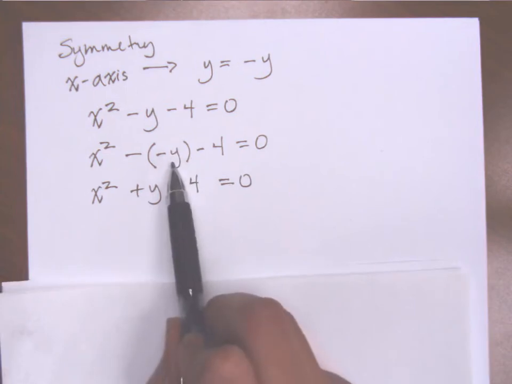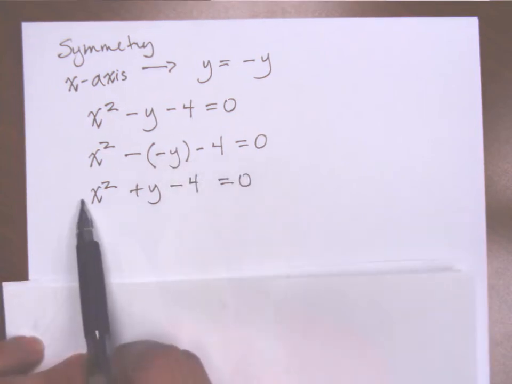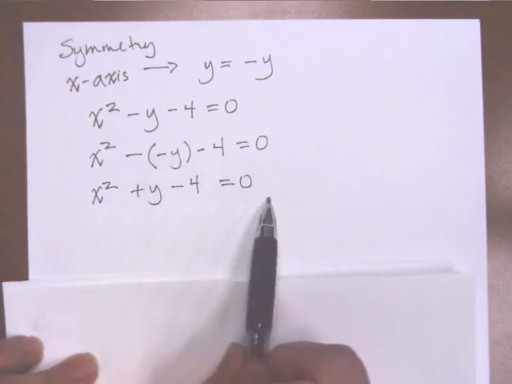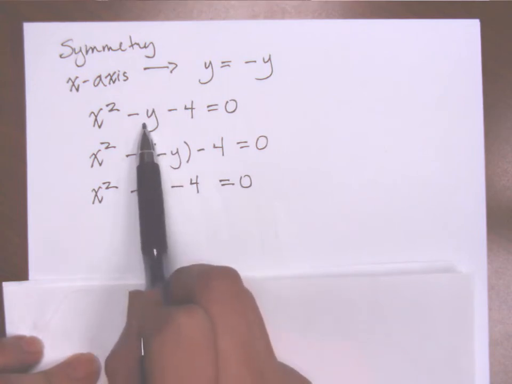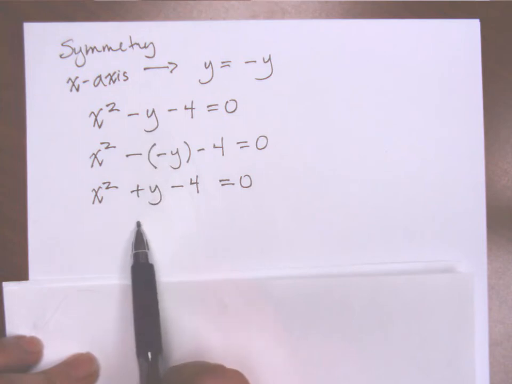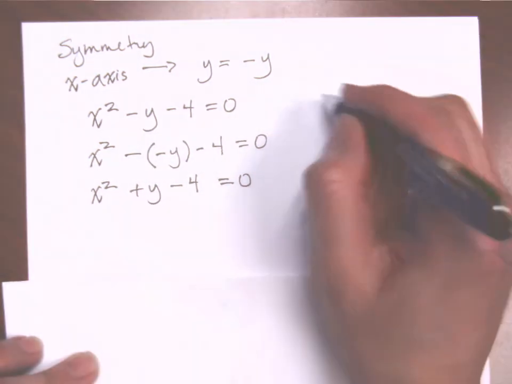Replacing this y in and simplifying, now I see that I have a completely different equation. It looks very similar, but this is negative y, this is positive y, so my equations are not equal.